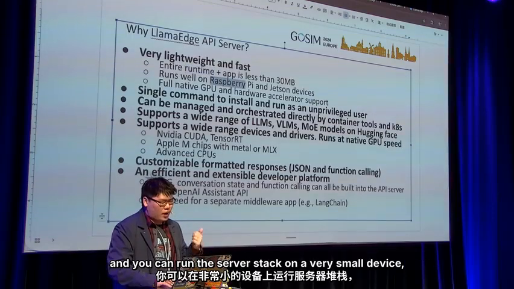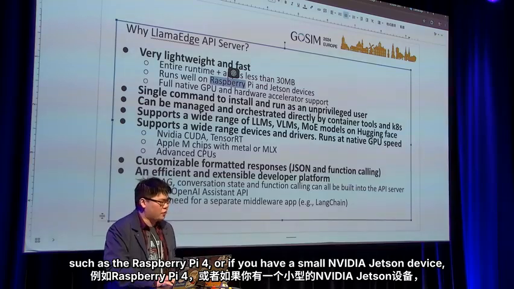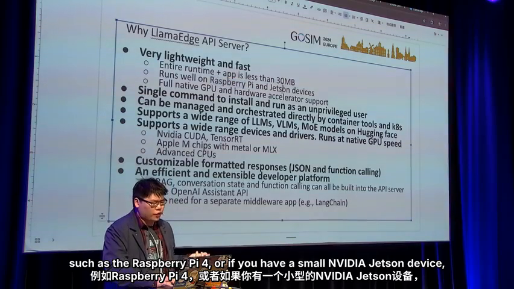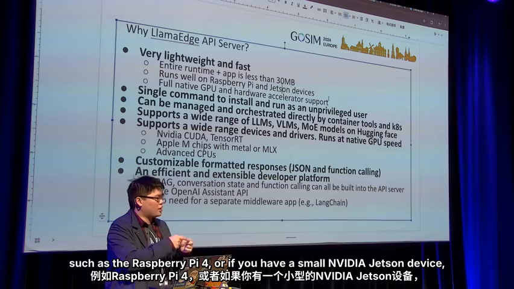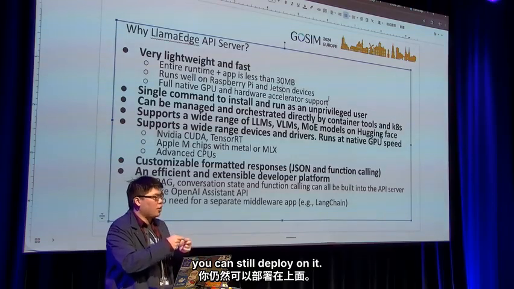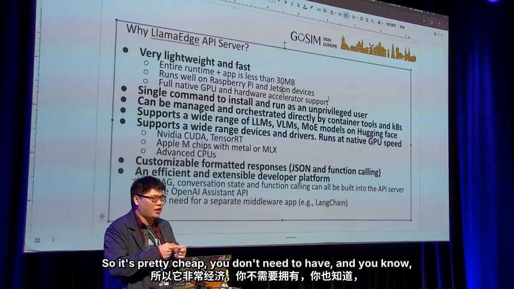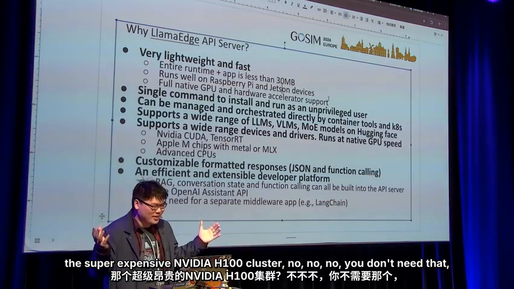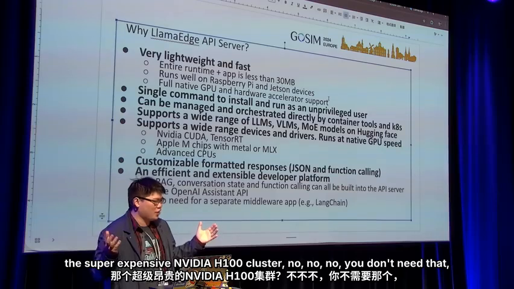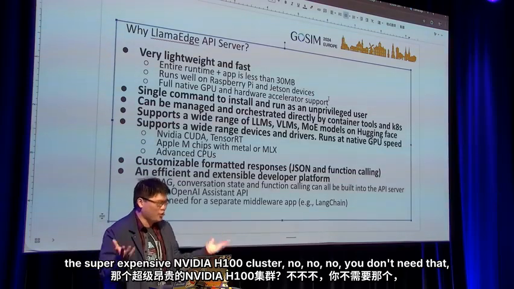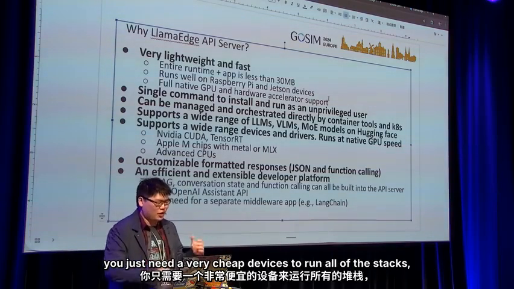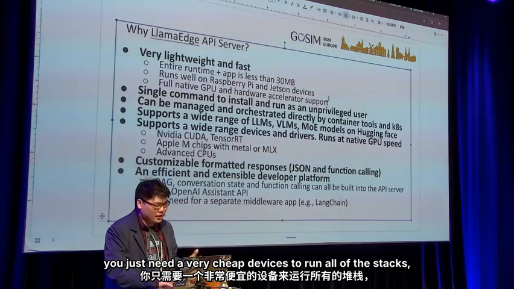And you can run this software stack on a very small device, such as the Raspberry Pi 4, or if you have a small NVIDIA Jetson device, you can still deploy it on it. So it's pretty cheap. You don't need the super expensive NVIDIA H100 cluster. No. You don't need that. You just need very cheap devices to run all of the stacks.